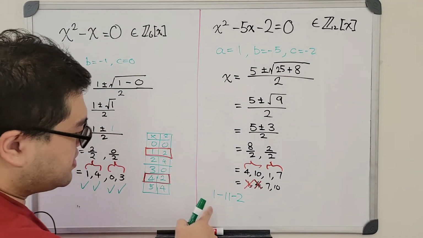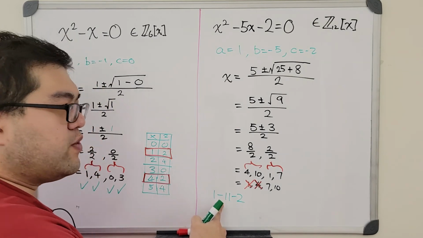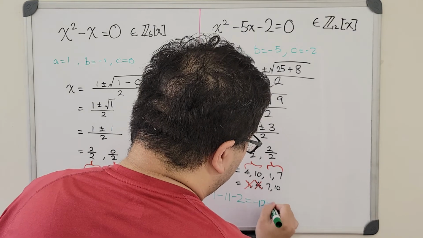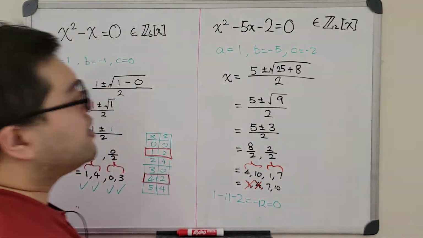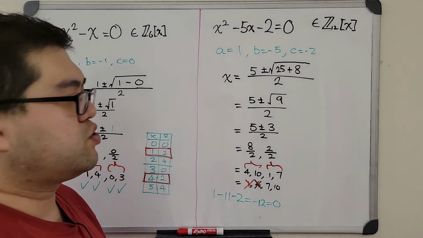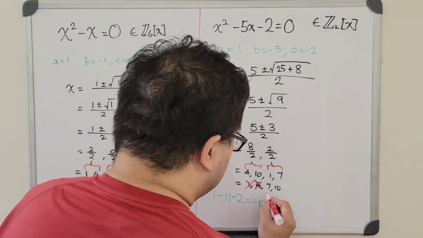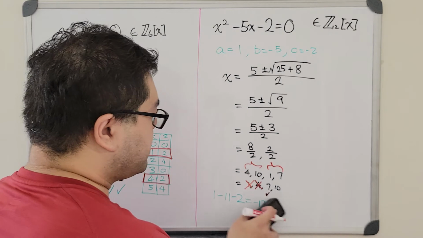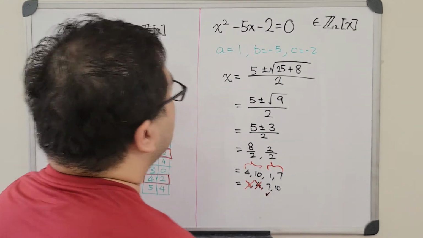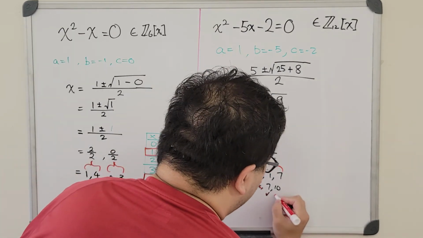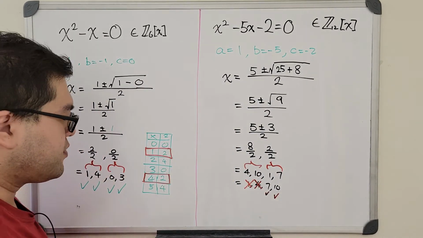That's going to give us 1 minus 11, which is negative 10. Minus 2 is negative 12, but negative 12 is equal to 0 in mod 12. So 7 is actually a correct answer. Last, we have 10, and I'll leave it for you to check, but 10 is also a correct answer.